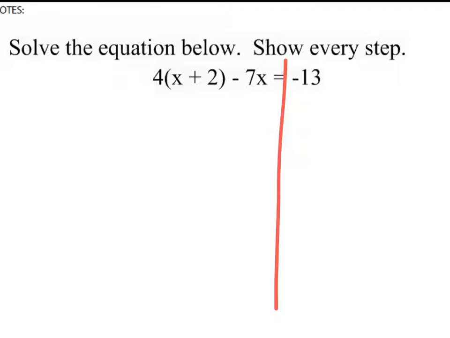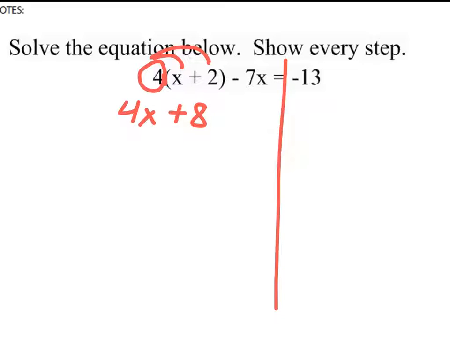So let's review. The 4 is being multiplied to x, right? So you do 4 times x, which is 4x. You also do 4 times 2, which is positive 8. Do I do 4 times negative 7x?